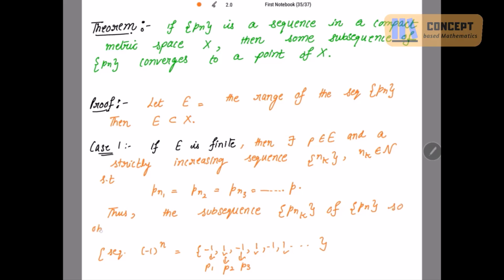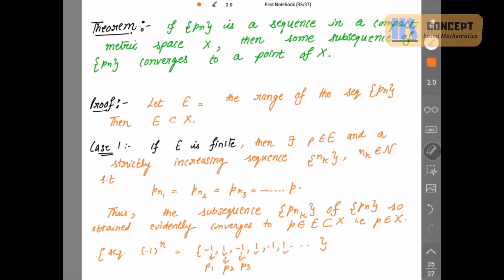So the subsequence obtained evidently converges to P, which is an element of the range E, and further this range is a subset of X. That is, P belongs to X. So the sequence converges to a point of X. Hence the sequence converges to a point which belongs to X only.